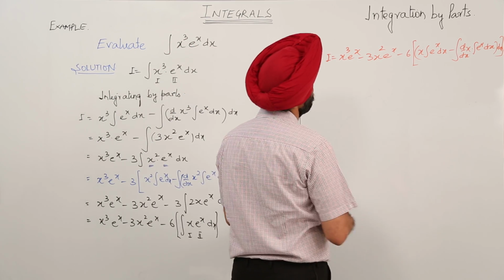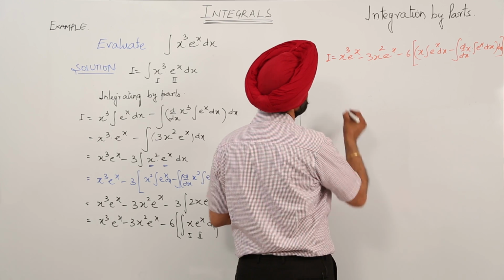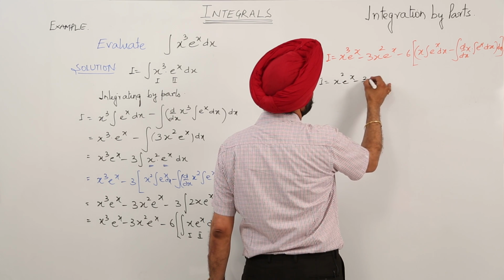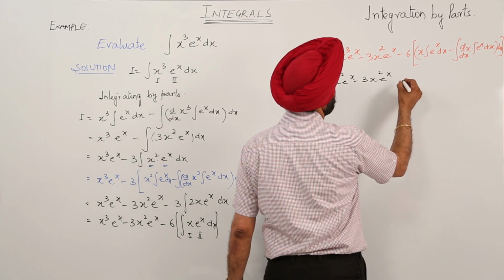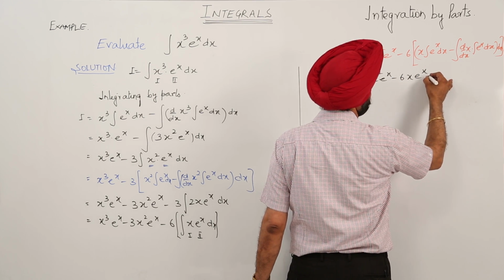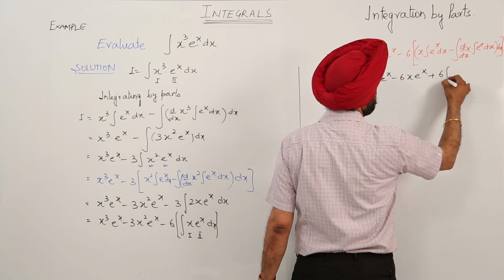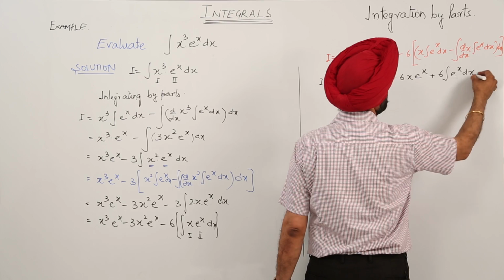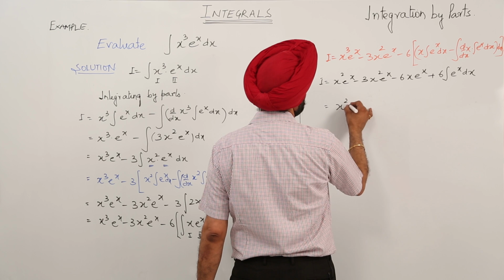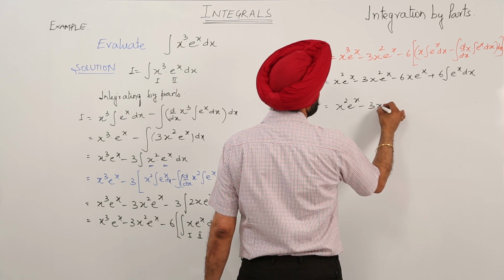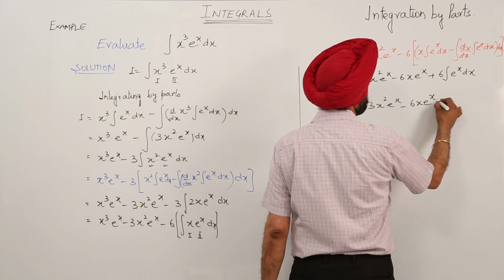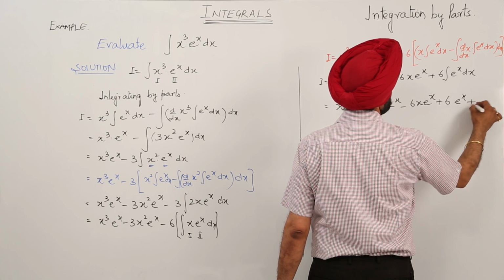Now for this part we are having x cube e raised to power x minus 3x square e raised to power x minus 6x e raised to power x plus 6 integration of e raised to power x dx. x cube e raised to power x, 3x square e raised to power x, 6x e raised to power x plus 6 e raised to power x plus c.